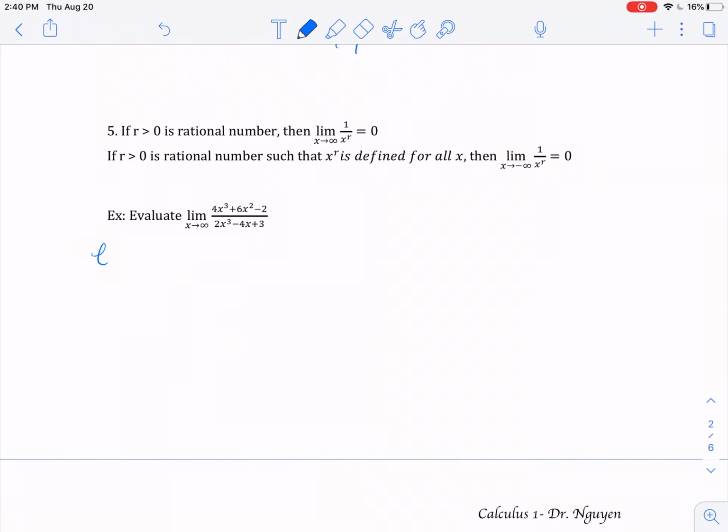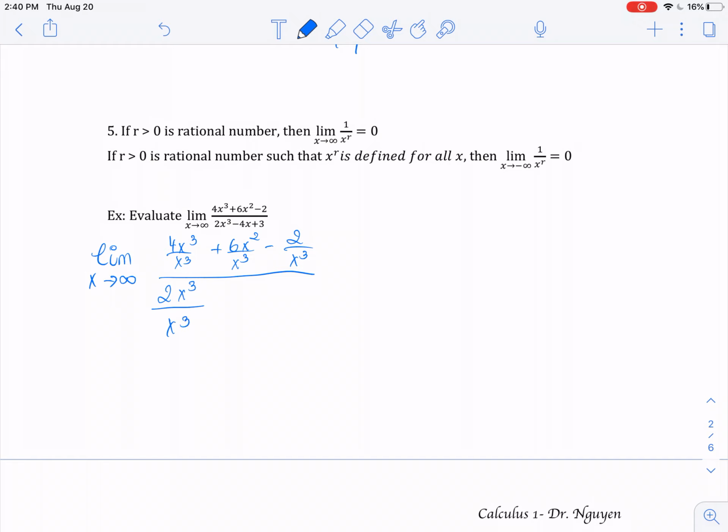So I have the limit as x goes to infinity, and I divide everything by x cubed. 6x squared over x cubed minus 2 over x cubed. So we divide top and bottom by that.